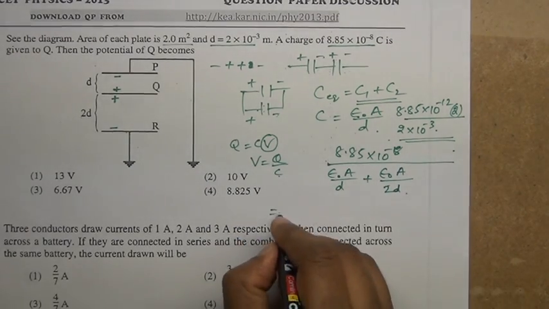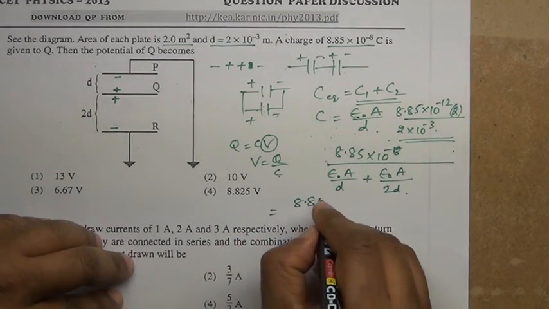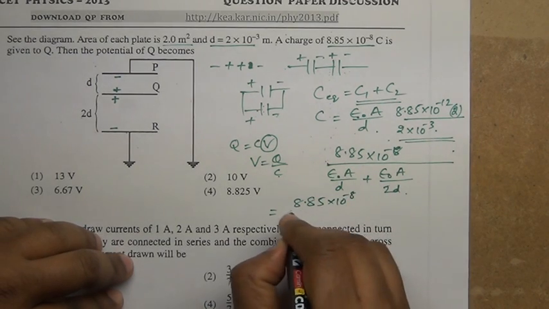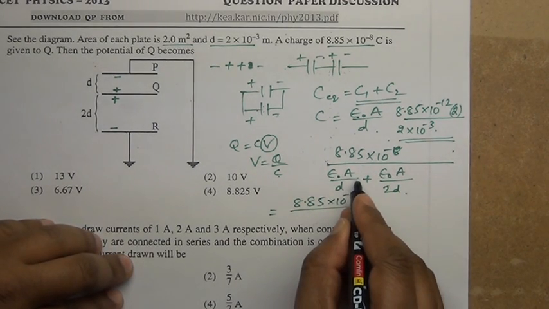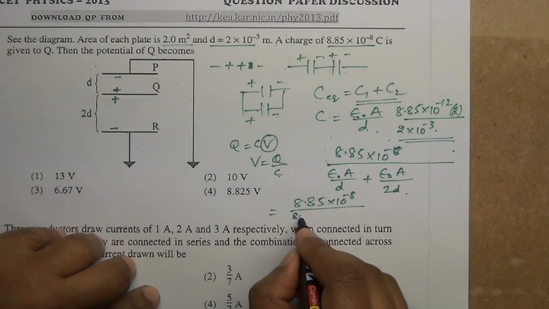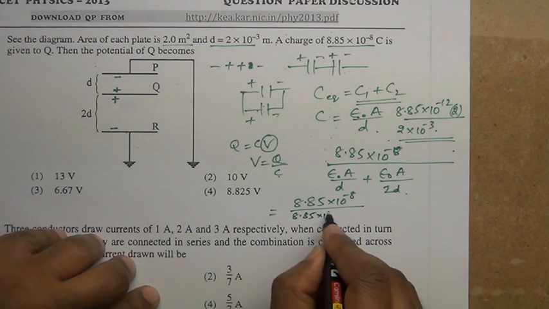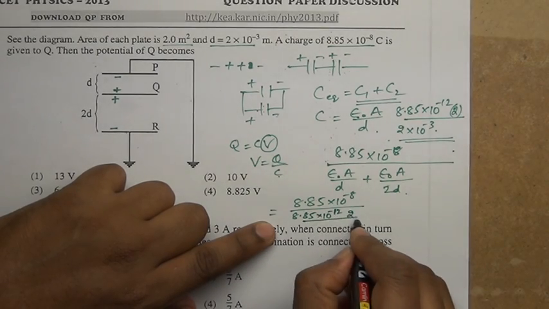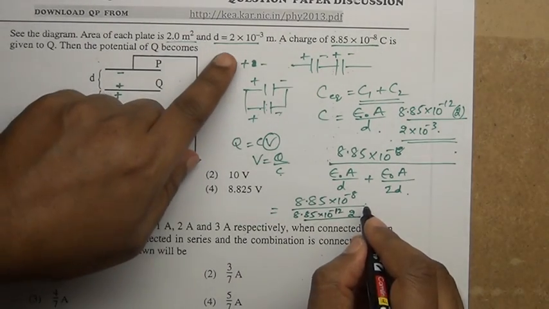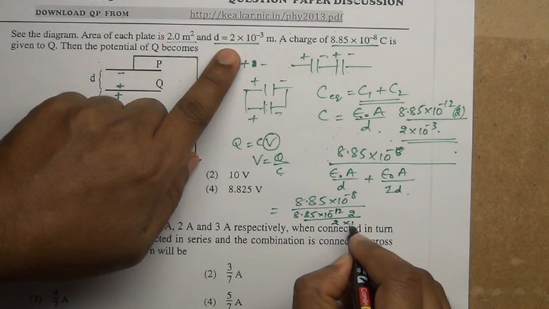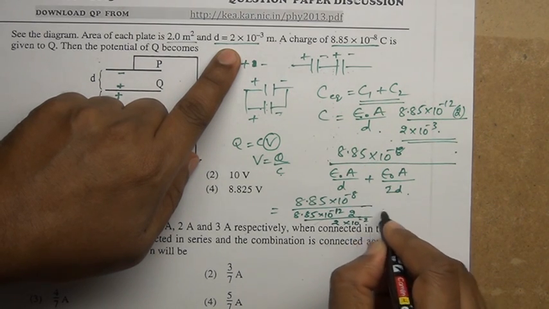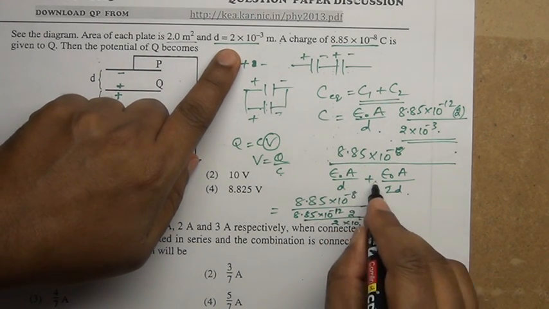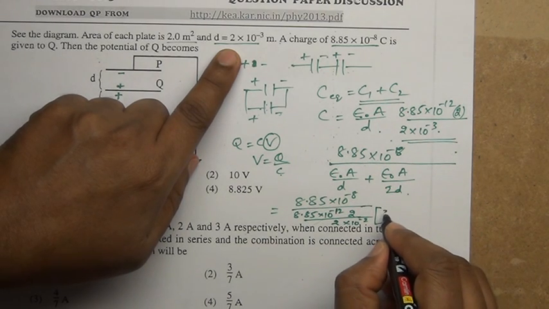Therefore when we simplify, 8.85 into 10 power minus 8 by epsilon naught A by d common factor, 8.85 into 10 power minus 12 is epsilon naught, A is 2, d is the distance between the plates, 2 into 10 power minus 3, into 1 plus 1 by 2, 3 by 2.